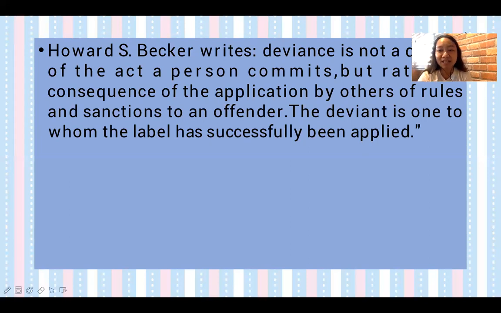So you have been tagged or labeled, let's say in a family, you are already being labeled as someone who would bring trouble. The moment that such a label has been successfully applied to you, it would be somehow difficult to change that context, because you're already being tagged as deviant.